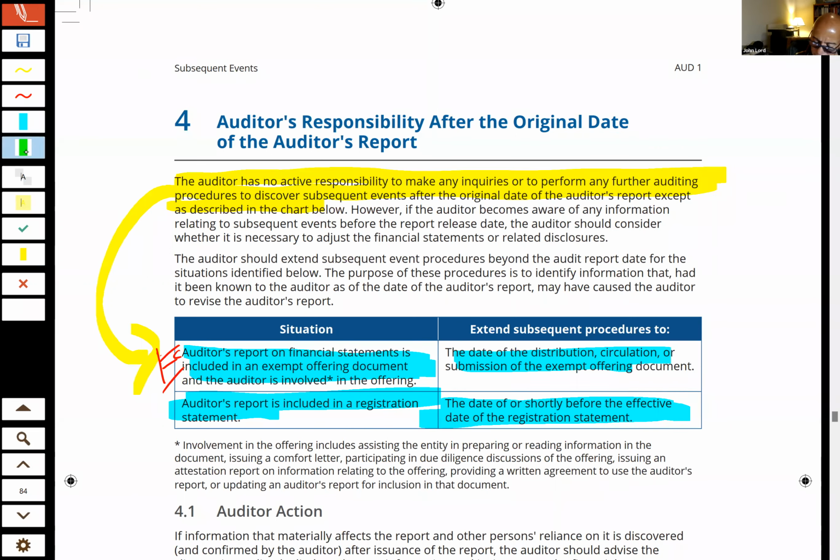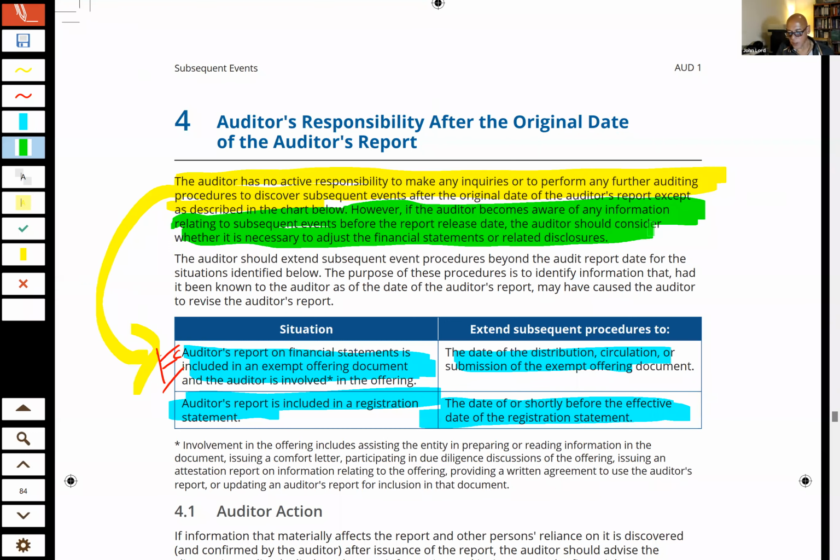However, we say that if the auditor becomes aware of information related to a subsequent event before the report release date, the auditor should consider whether it's necessary to adjust the financial statements or related disclosures. So you don't have to actively look for those things after the original date of the auditor's report.